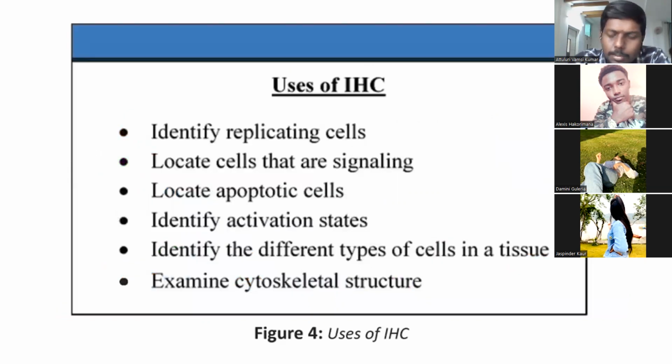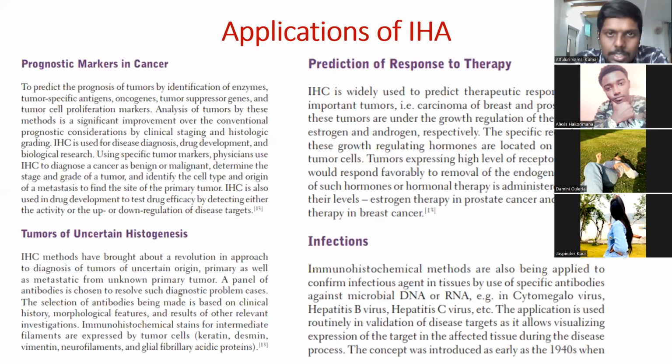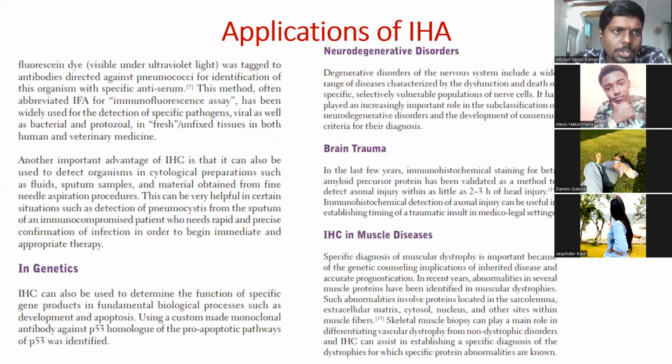Then we discussed the uses of immunohistochemistry. Some uses include identifying replicating cells, locating cells that are signaling, locating apoptotic cells, identifying the activation states of the cells, identifying the different types of cells in tissues, and examining the cytoskeletal structure of the cells. It is also used to detect prognostic markers of cancers, to detect tumors of uncertain histogenesis or origin, to predict the response to therapy, and to identify various types of infections in tissues.